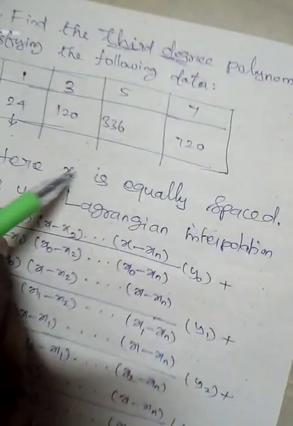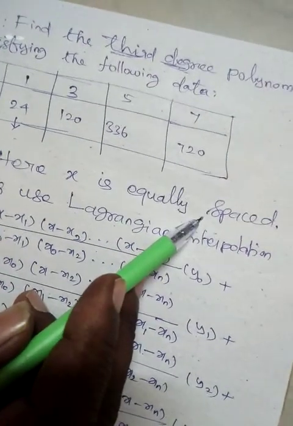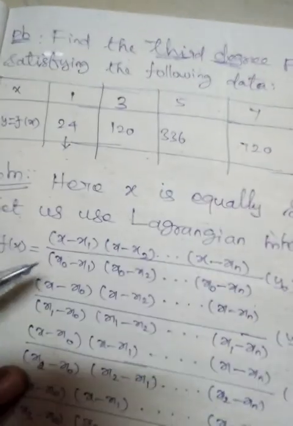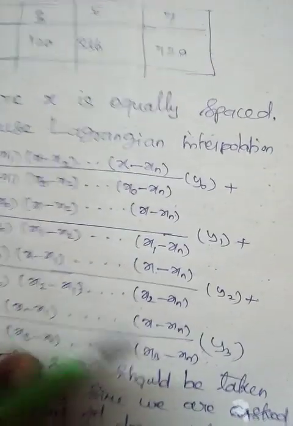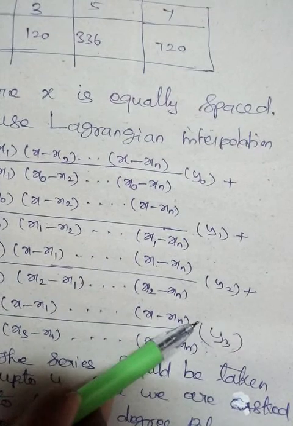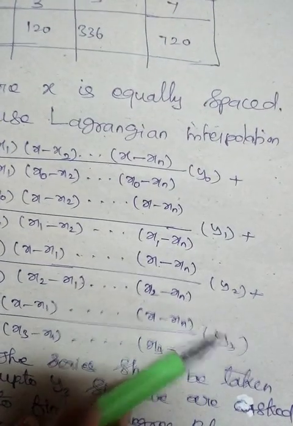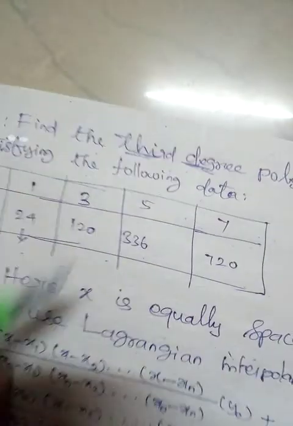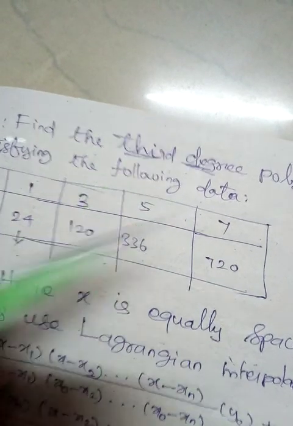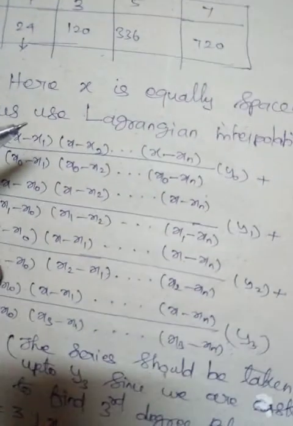So here x is equally spaced, that is very important. So I am going to select Lagrangian's interpolation formula up to y3: y0, y1, y2, y3. Why have we chosen up to y3? Because we are asked here for third degree. So please remember, corresponding to third degree we are going to select up to y3.